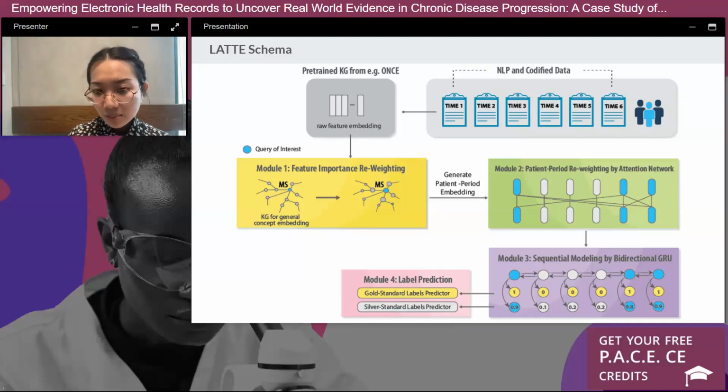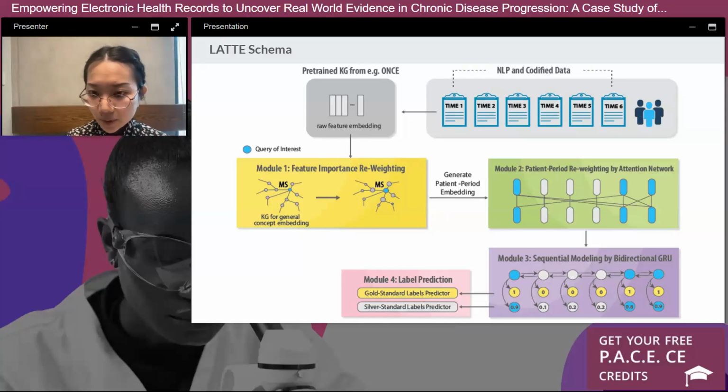Suppose your outcome of interest is multiple sclerosis, right? And you have given it a list of EHR features as well as the narrative features, then we could leverage the knowledge graph to try to reweight the importance of each feature. By doing so, you actually upweight the features that were really relevant to your outcome of interest, MS, for instance, right?